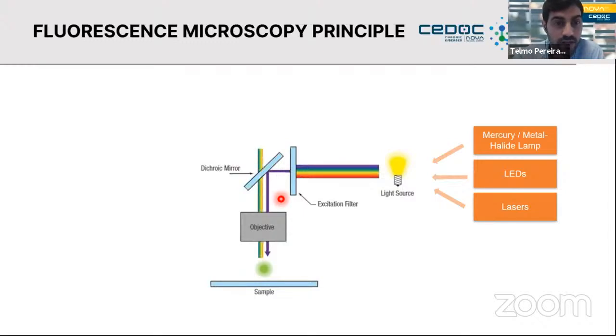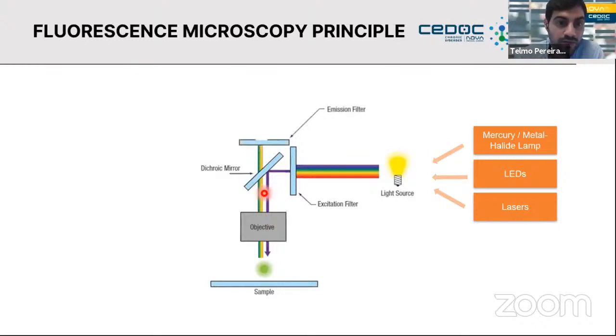These colors are then allowed to pass through the dichroic mirror. The dichroic mirror is designed to reflect the excitation light but let the emitted light pass. And then usually you also want an emission filter.